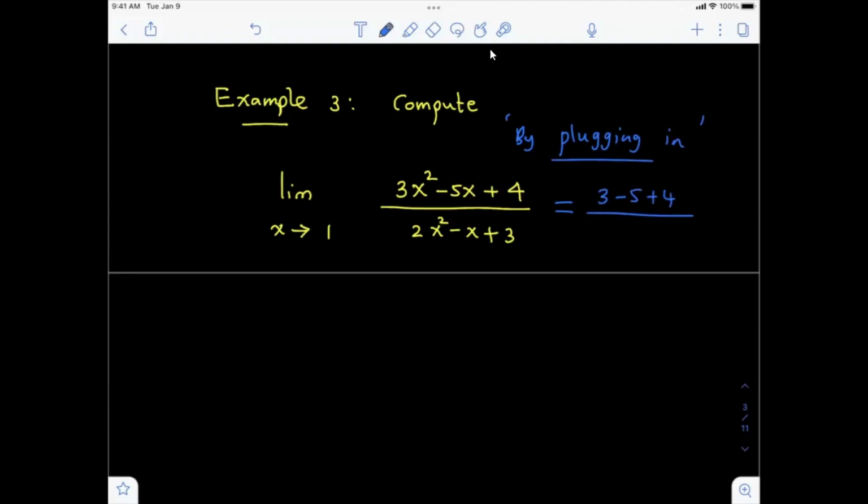And in the denominator, when you plug in, you're going to get 2 minus 1 plus 3. That is not 0 either. So now the top is going to be just 2. The bottom is going to be 4. And that's what we have. Now, this is not 0 over 0. So that simply means you do not need to panic. Even if you have 0 over 0, you do not need to panic. Of course, we know what to do on that occasion.